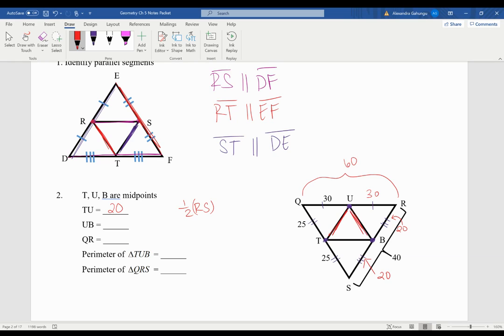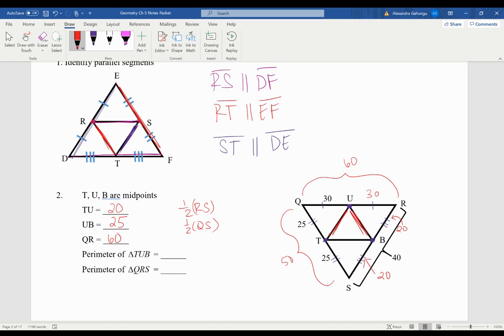UB is here. It is parallel to QS, so that means it's half of QS. Looks like QS is 50, so it's half of QS, so it's 25. And then QR, we actually have that labeled, it's 60.